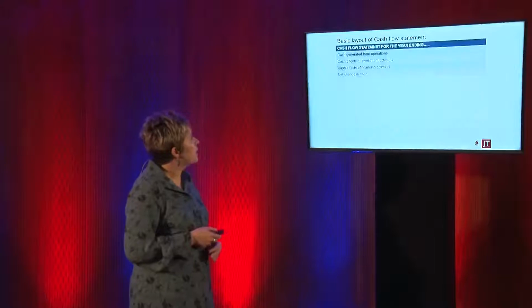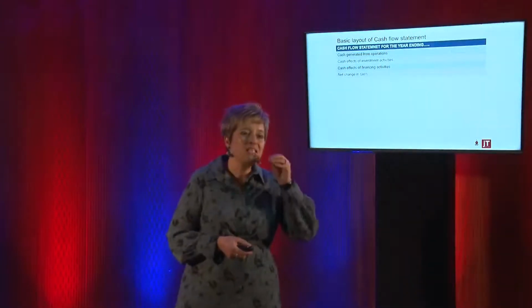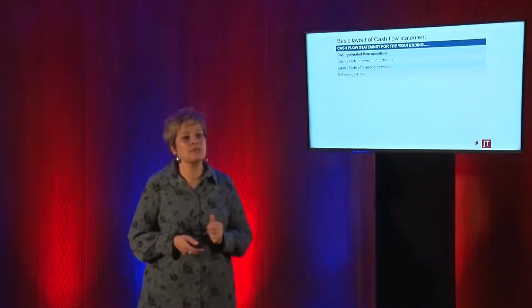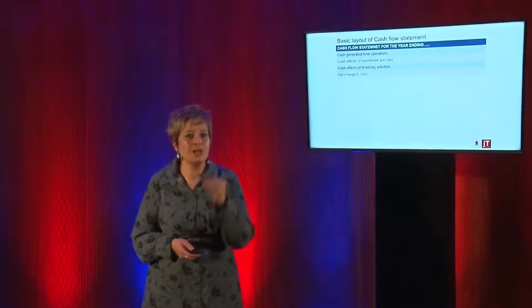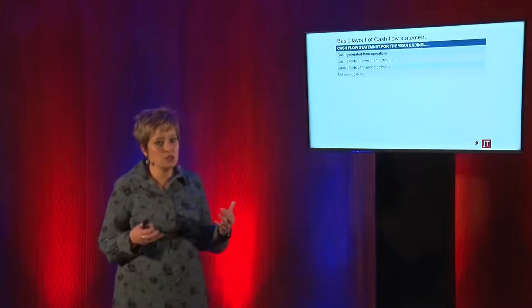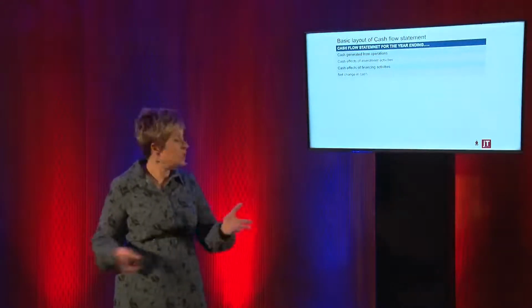Now, the basic layout of a cash flow statement. Yet again, cash flow statements are not difficult. Most of the time you struggle with a cash flow statement because you do not know the layout. So first of all, we have cash generated from operations. What is operation? Running your business every day, buying and selling stuff.